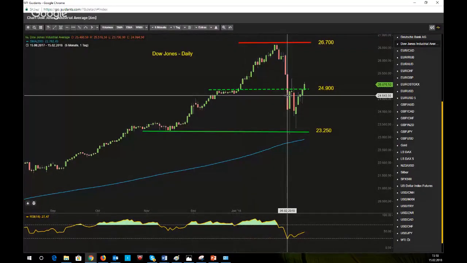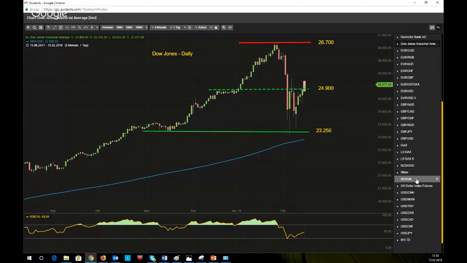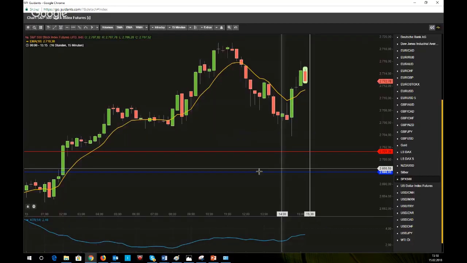But now the thing is that yesterday the result was initially as expected. Markets went lower. Why? Well, because yields shot higher, and that was exactly what the market was playing.